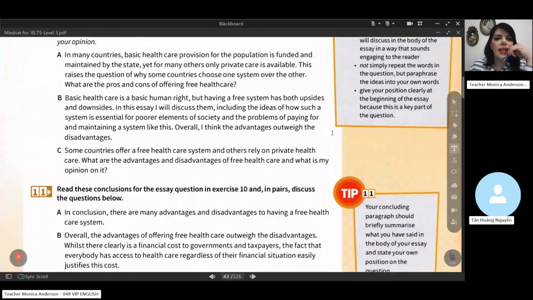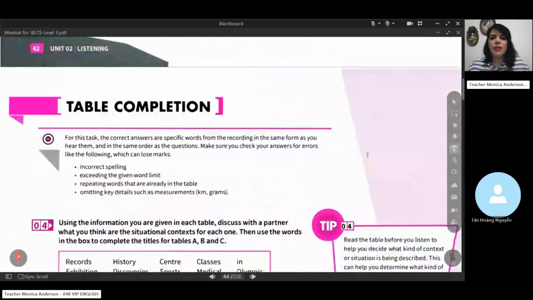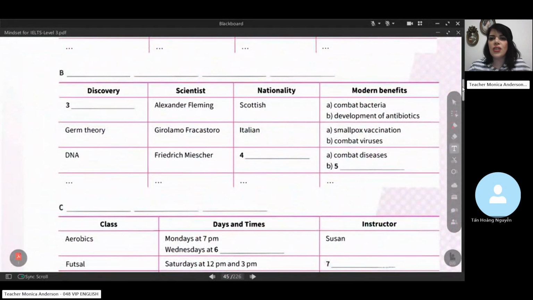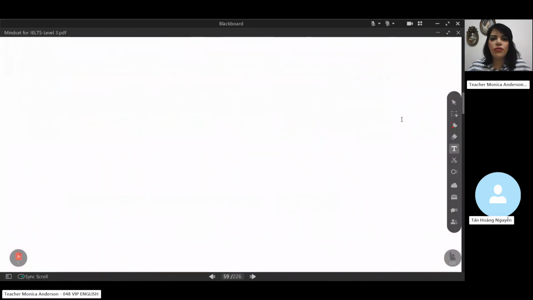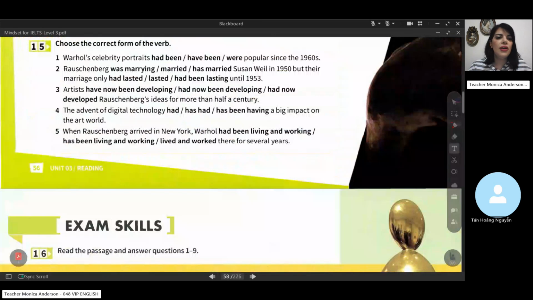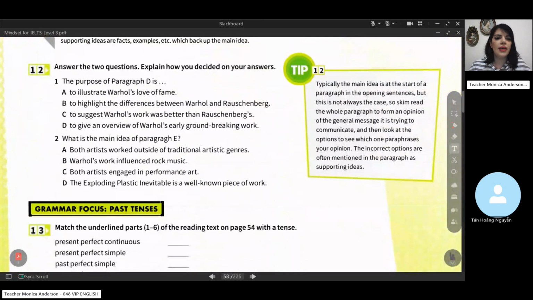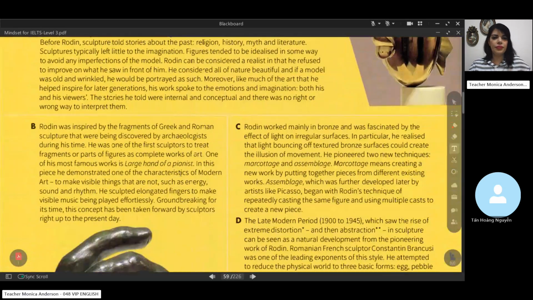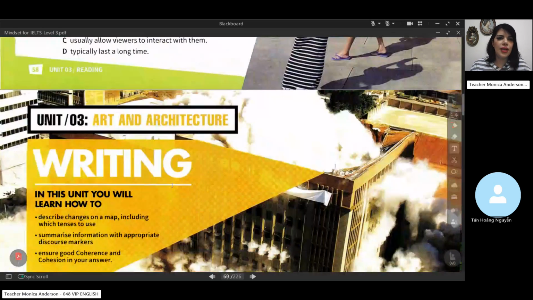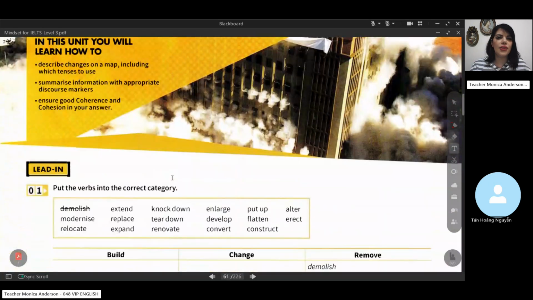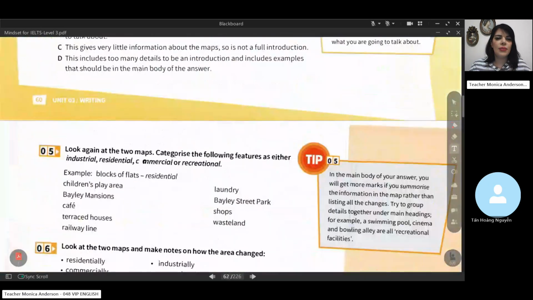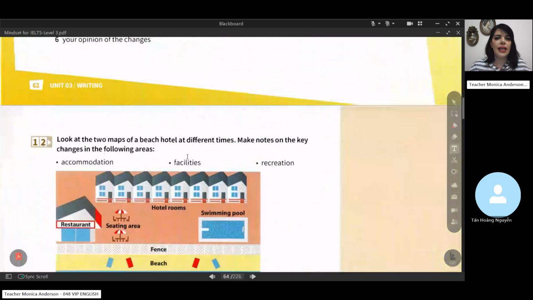If I can find it, let me check the next one. Just give me a moment to find another sample for part 2. History, architecture, and speaking part 2 again.